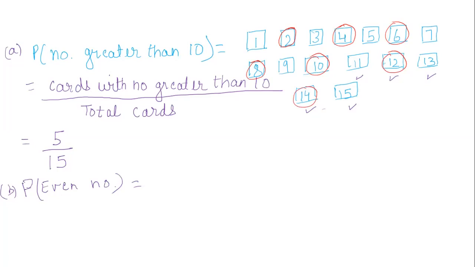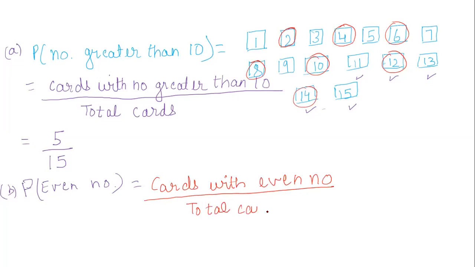So the probability is cards with even numbers divided by total cards. Cards with even numbers are 7.